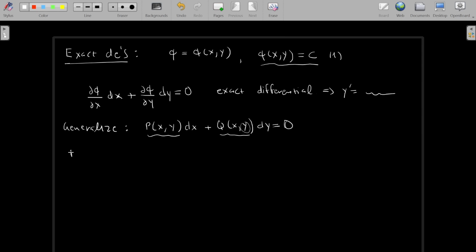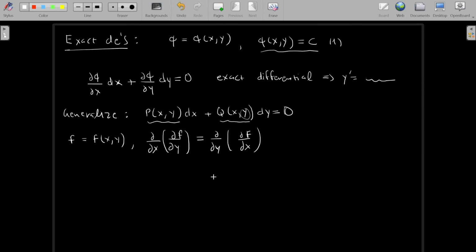Now, from calculus, we do know that for a function that has two independent variables, the second mixed derivative with respect to both x and y are equal to each other. Right? The order of which differentiation is first doesn't matter.